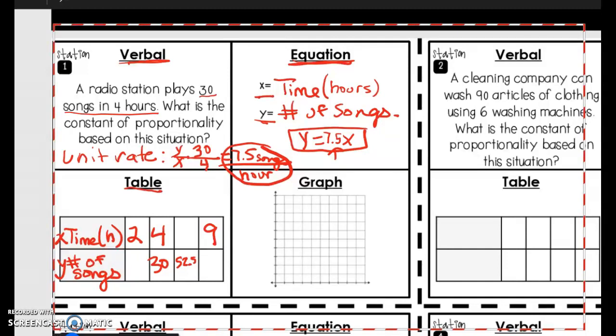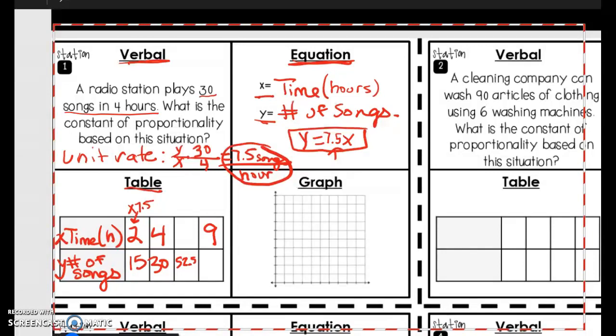So if I play 7.5 songs every hour and I play for 2 hours, what would I do to figure that out? Well, when you know your x value, you're going to multiply by your unit rate. So what is 2 times 7.5? And you'll get 15, which makes sense.